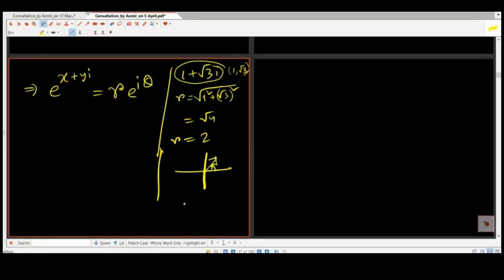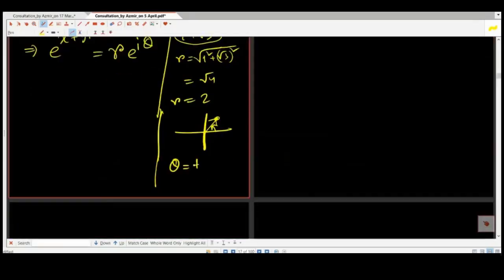So whenever a point is in the first quadrant or fourth quadrant, the angle that we get from tan inverse y over x will be accurate. We don't need to adjust this one.